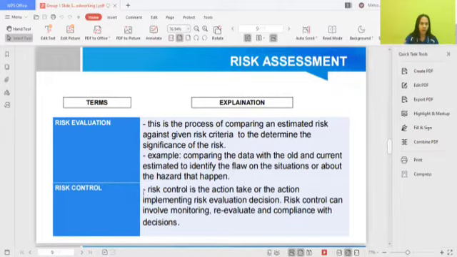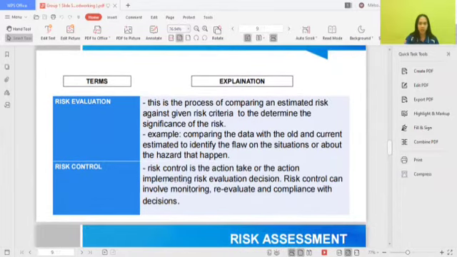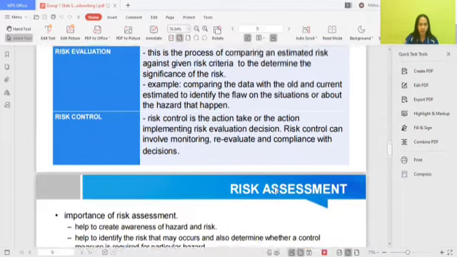The last one is risk control. Risk control is the action taken to implement the risk evaluation decision. Risk control can involve monitoring, re-evaluation, and compliance with the decision.